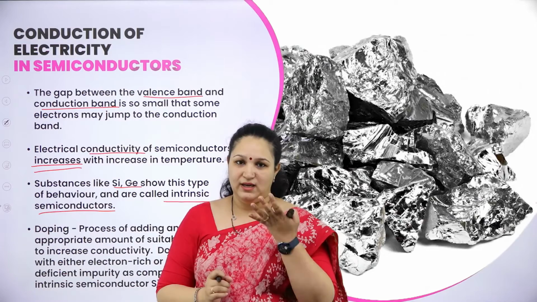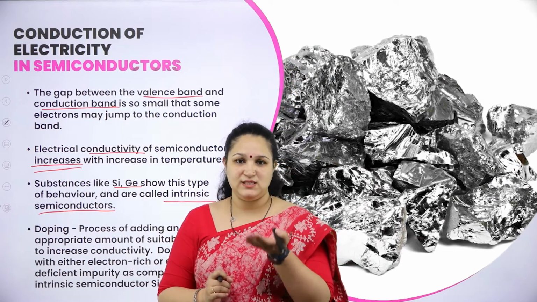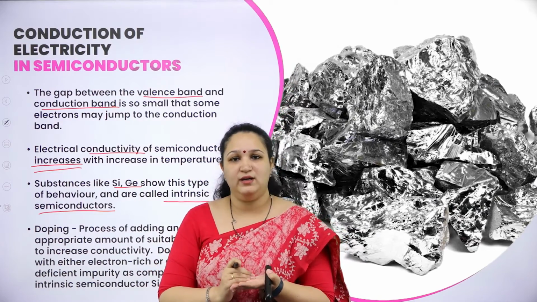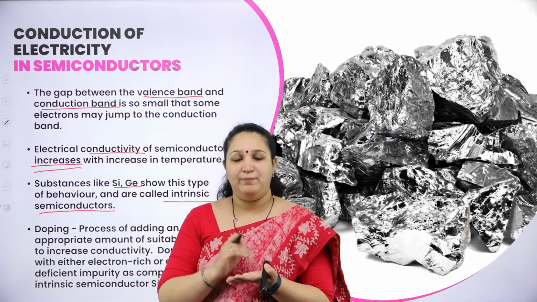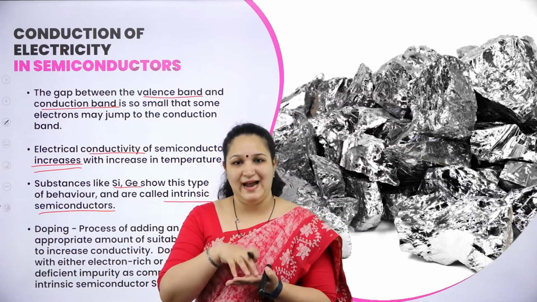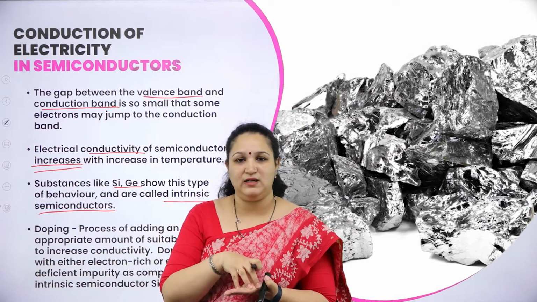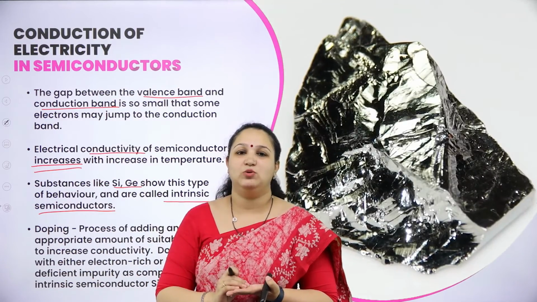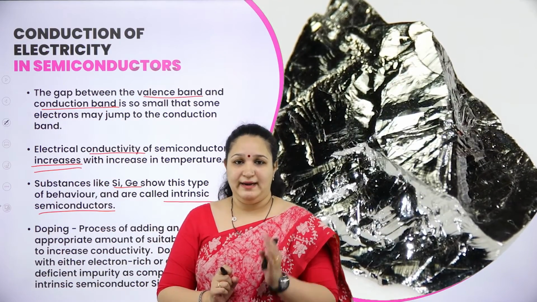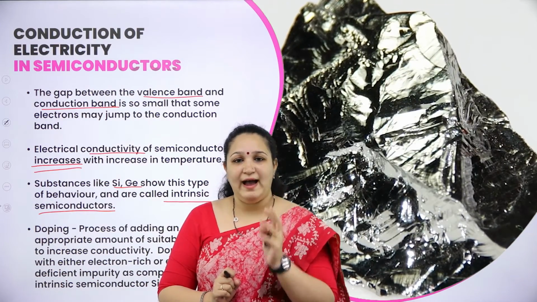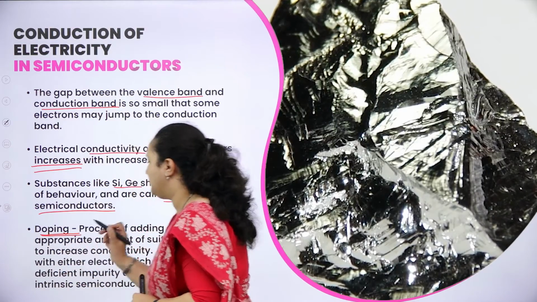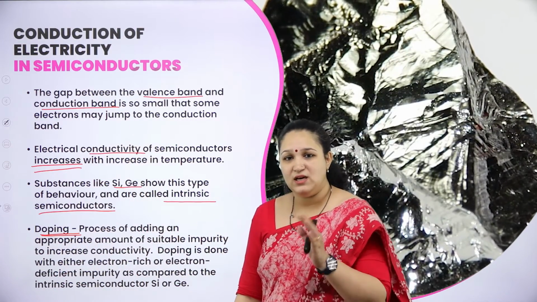If an appropriate, suitable amount of impurity is added to an intrinsic semiconductor, it gets converted into an extrinsic semiconductor, and the process of adding this impurity is called doping.